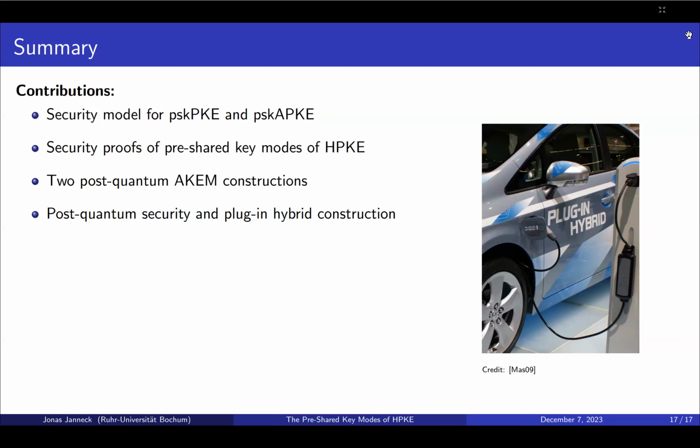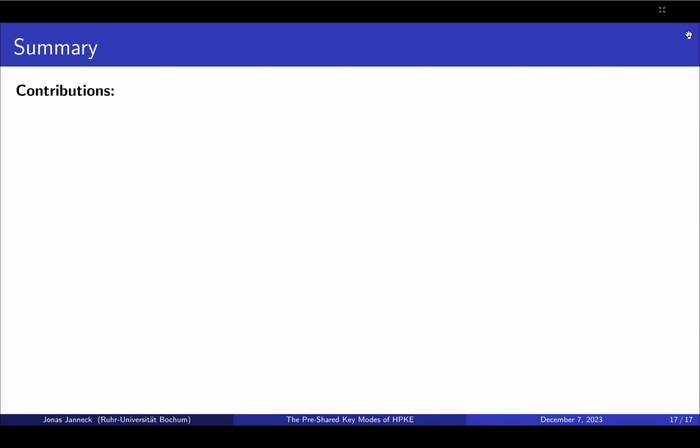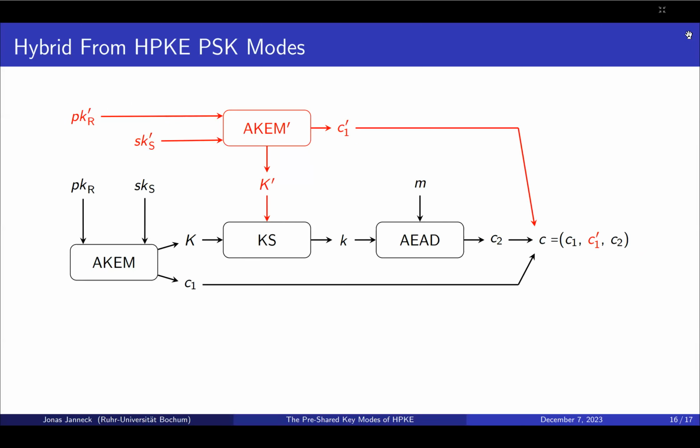And why does this help to achieve the final security requirement? Yeah, we need this because we now have two inputs to the key schedule, and we want that if either one of the AKEM constructions is secure, then the key schedule should output something that is pseudorandom.